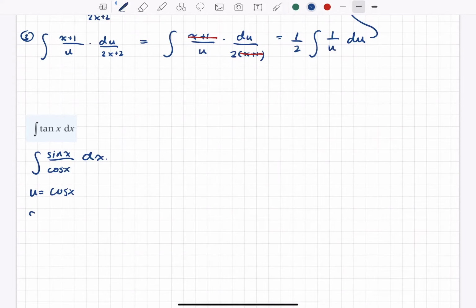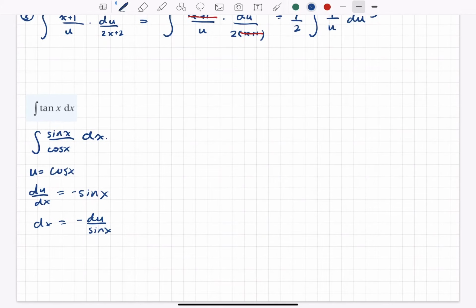With cos x, du by dx is negative sine x, and so dx is equal to negative du over sine x. Then we make a simple substitution. Our new integral becomes sine x over cos x, which we assign to be u, times dx, which we now call negative du over sine x.